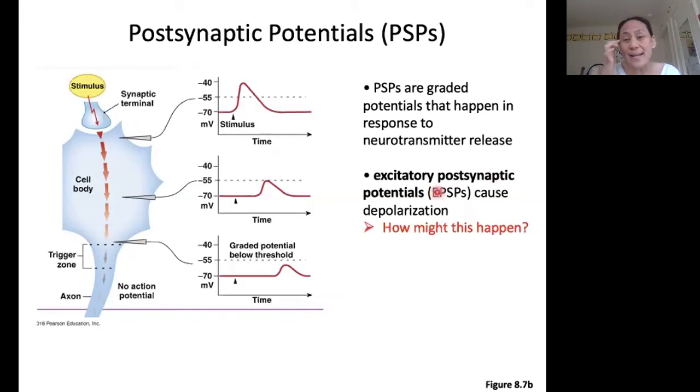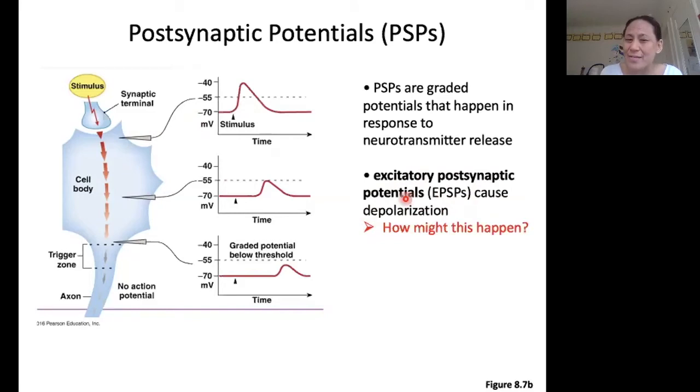The first is an excitatory postsynaptic potential, or EPSP, okay? An excitatory postsynaptic potential is a PSP that is depolarizing, okay? So when we get a depolarization of the postsynaptic cell, we call that an EPSP.